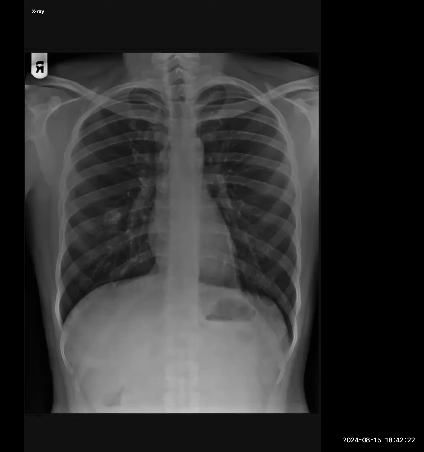Okay. Is there anything else that you can think of apart from the ones that you've discussed? It could be some lesion along the pleura or the chest.